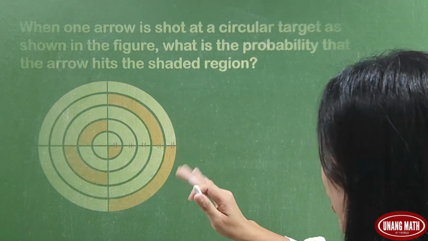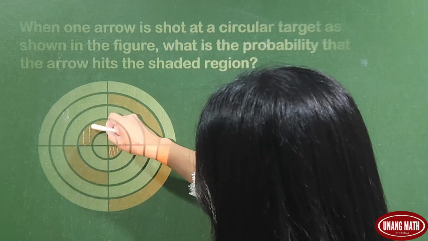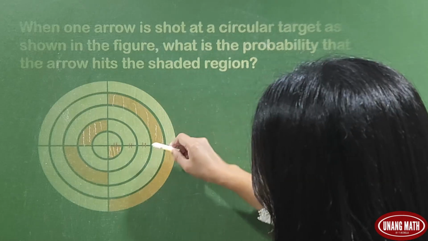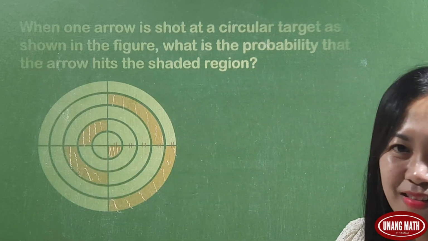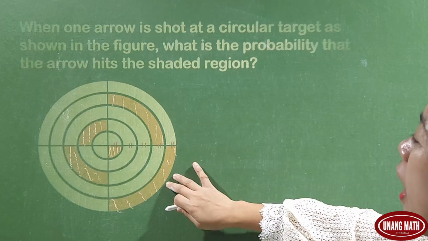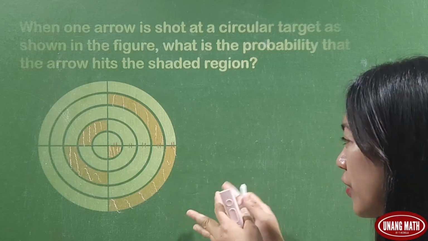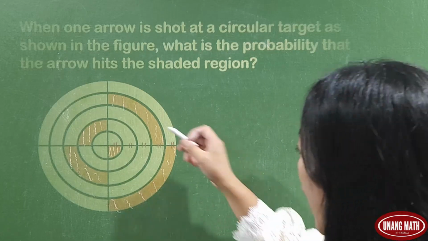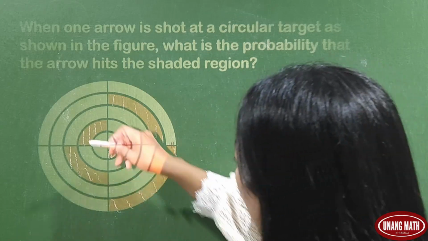So where are the shaded regions? This is shaded. This is also shaded. We have here also shaded, shaded, and this is also a shaded region. Okay, to find the probability, if you take a look at this figure, as I mentioned, this part is shaded.